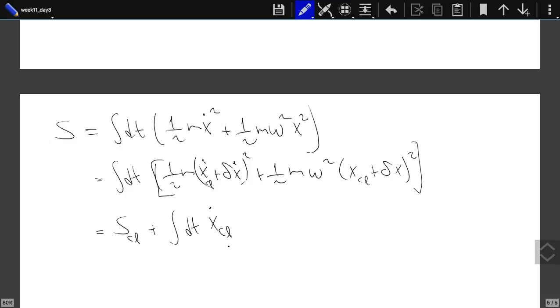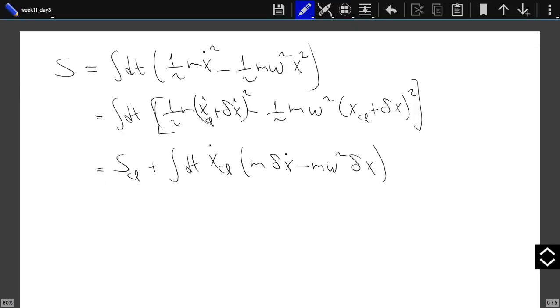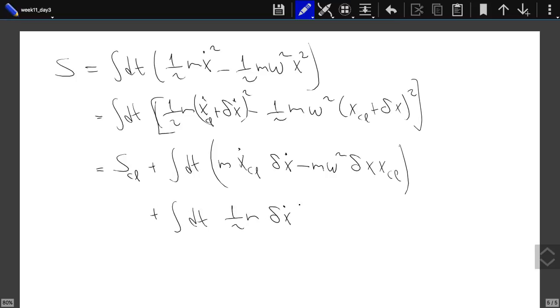So this will be m x dot classical delta x dot minus m omega squared x classical delta x, plus the integral dt of 1 over 2 m delta x dot squared minus 1 over 2 m omega squared delta x squared.